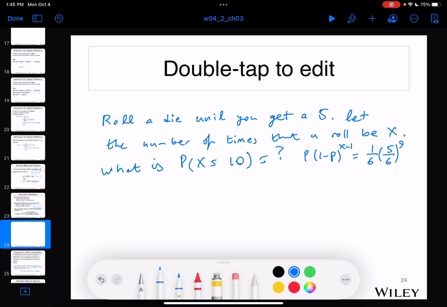So the second solution is not using the equation at all, right? So we want to roll the die 10 times to get a 5, so that means 1, 2, 3, ..., 9, and 10.